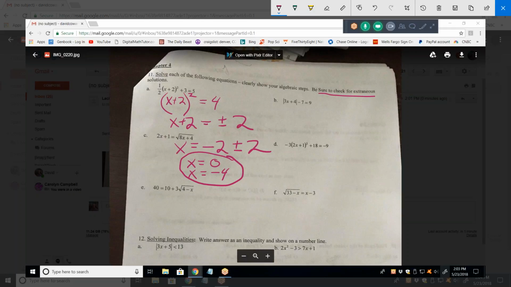About 0. Does 0 work? No. Actually, it does. 2 squared is 4. 1/2 times 4 is 2. 2 plus 3 is 5.